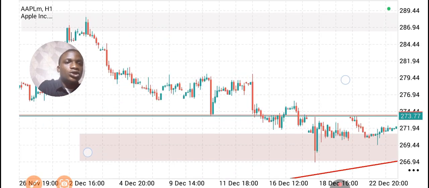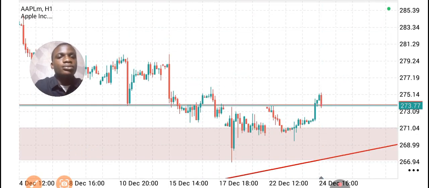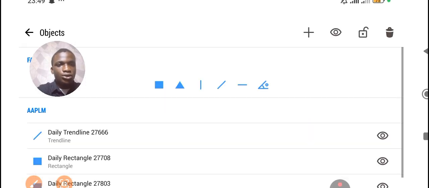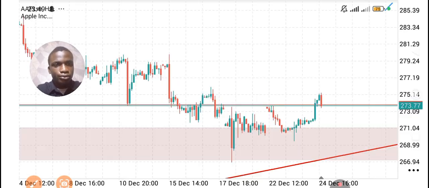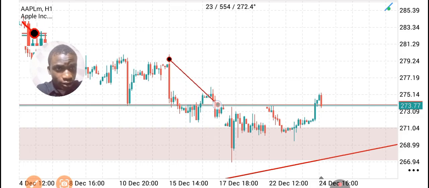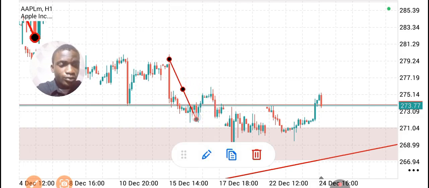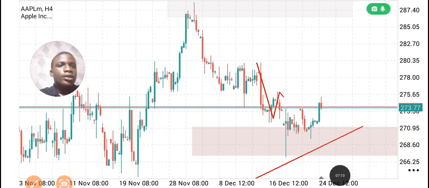We can see the pattern. So this is inverse. We can call this an inverse head and shoulder pattern, or quite a W pattern. Let me show you. So this is the left shoulder.